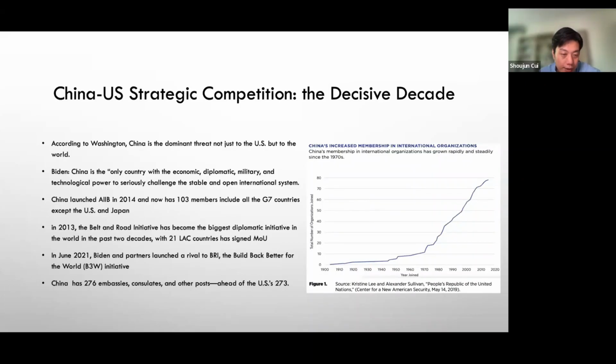So China also launched the AIIB, the Asian Infrastructure Investment Bank, in 2014, because China bailed out the US in the 2008-2009 global financial crisis, and at that time the US agreed to expand China's stakes in the IMF.